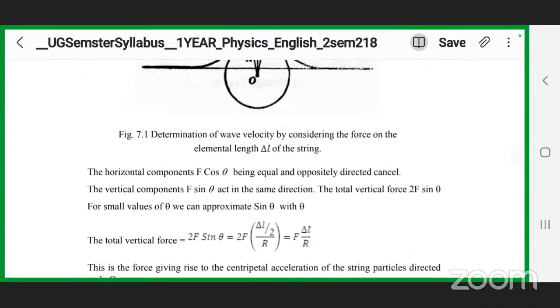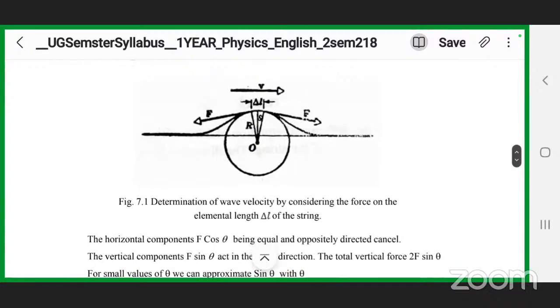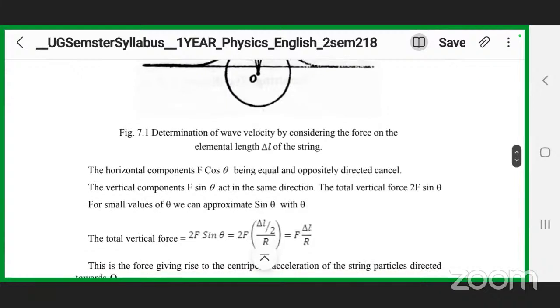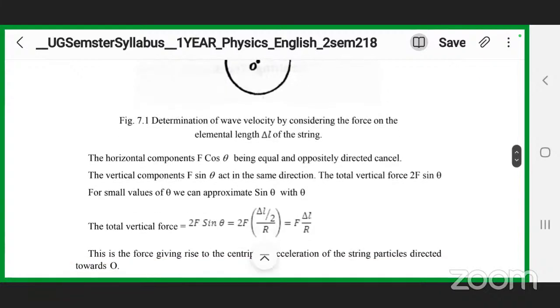From this figure, sin theta is delta L by 2 by R. What is the formula for sin theta? Opposite side by hypotenuse.